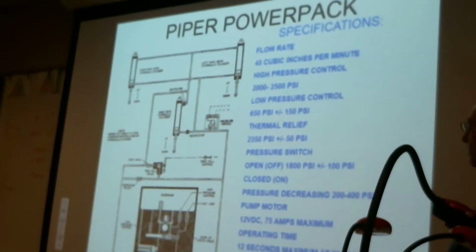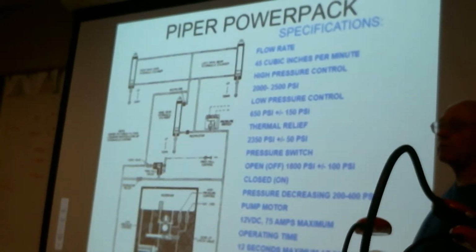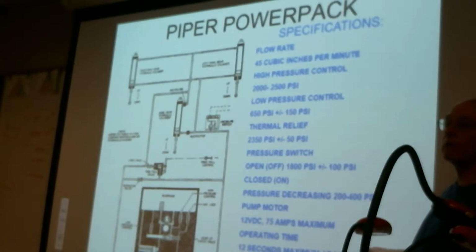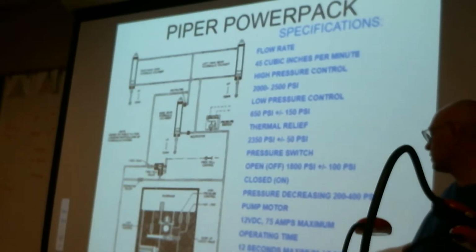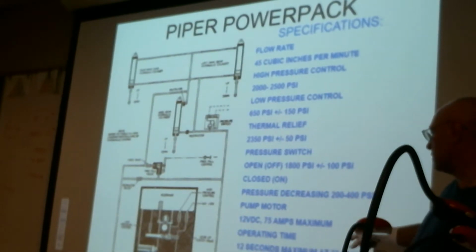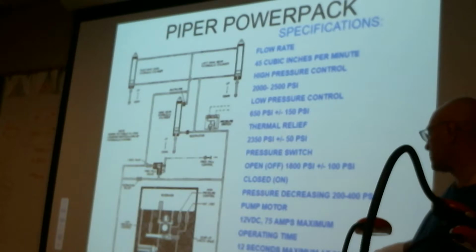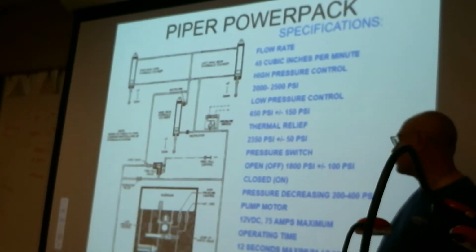Something you might want to remember with any type of electrically driven pump, many of the electric motor devices have a duty cycle. So for example, it says operating time 12 seconds maximum at 75 amps, and there's an auto reset after 12 seconds.